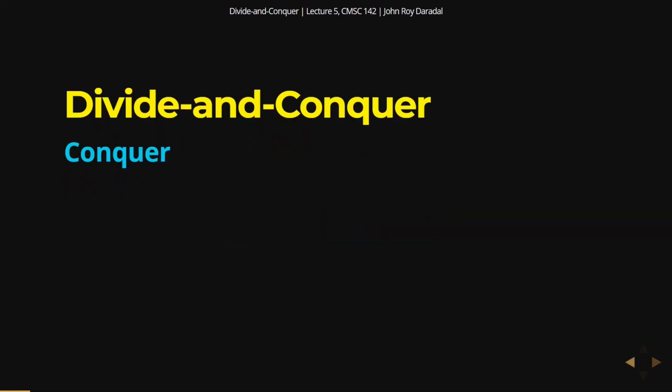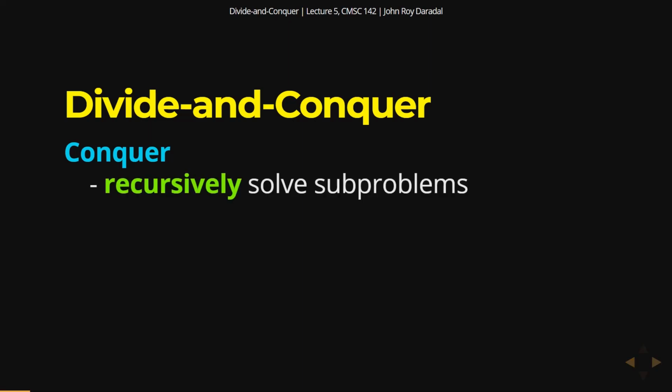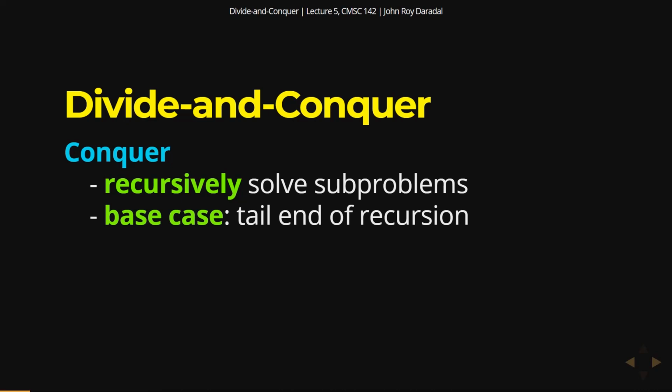Okay? Next is the conquer step. In the conquer step, we recursively solve the sub-problems. So after the divide step, when we have already broken the original problem into very small sub-problems, we will recursively solve them already. Okay, so this is the conquer step.